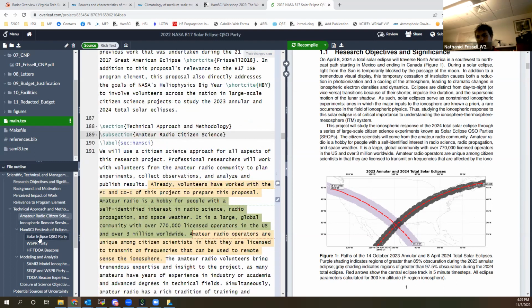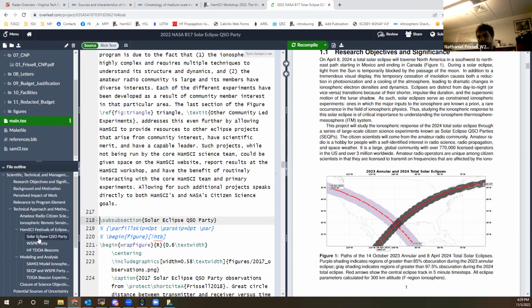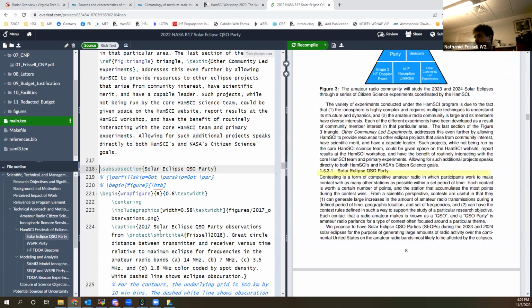Where did I define that? I define what a QSO party is down in the solar eclipse QSO party section. Down here, see right over here? Each contact that an amateur radio operator makes is known as a QSO, and a QSO party is amateur radio parlance for a type of contest often focused around a particular theme. Okay, so I do define that down there.